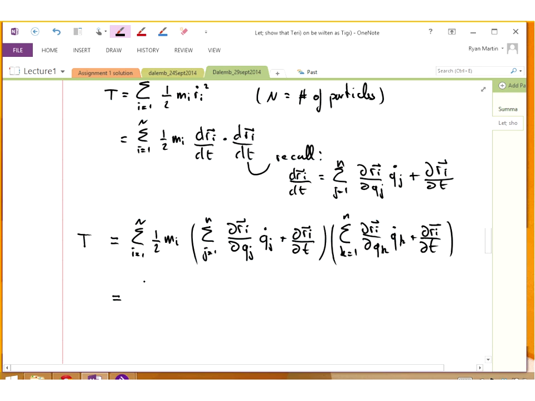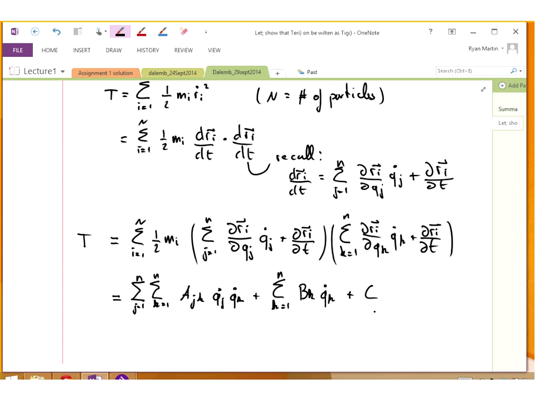So ultimately we'll be able to write it as a sum of j equals 1 to n, a sum of k equals 1 to n, some coefficient which we'll call ajk, qj dot, qk dot, plus a second sum over, let's say, the k's, k equals 1 to n of bk times qk dot, and then plus a term which we'll call c that doesn't have any qj dots or qk dots in it.